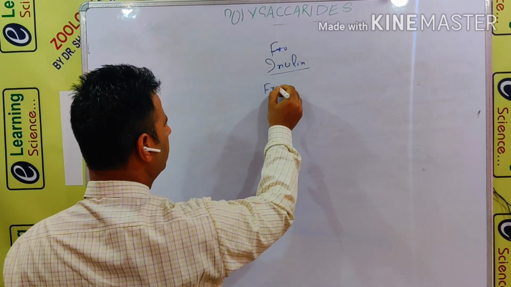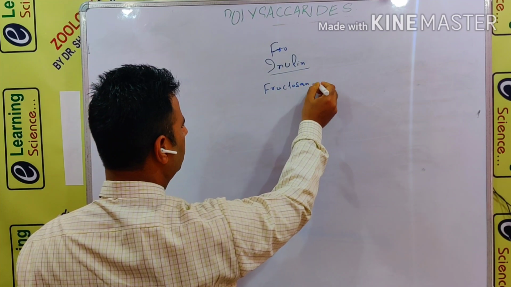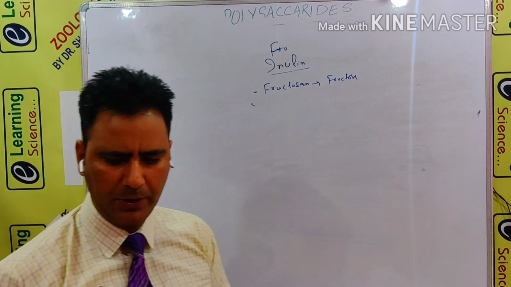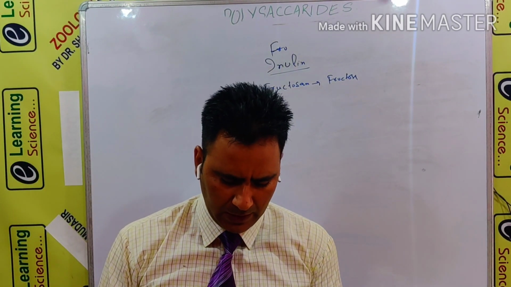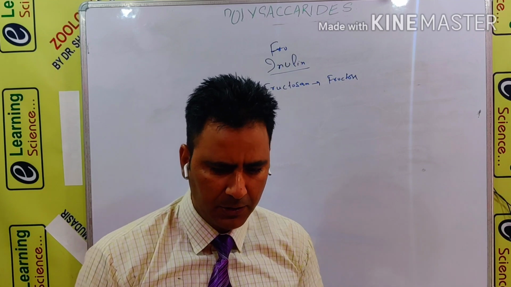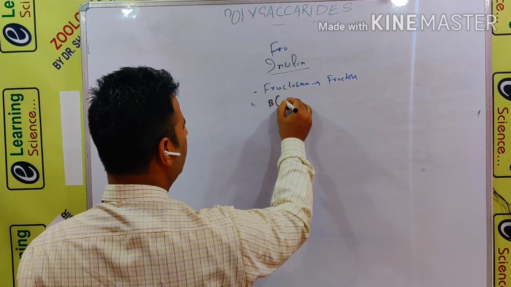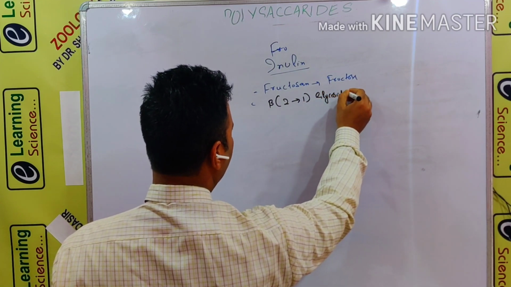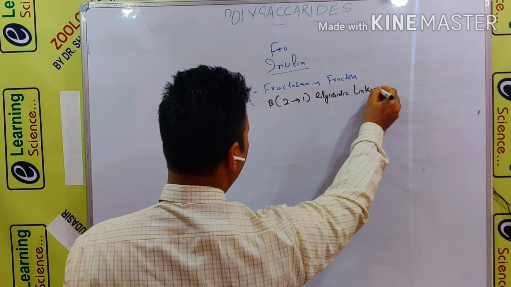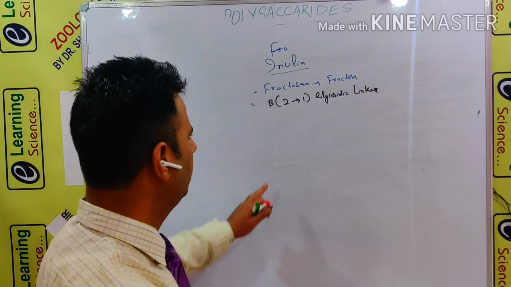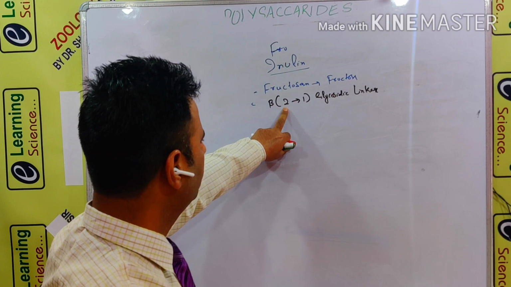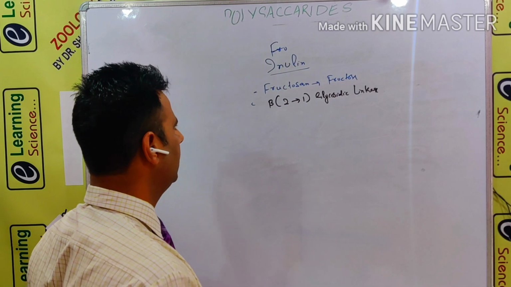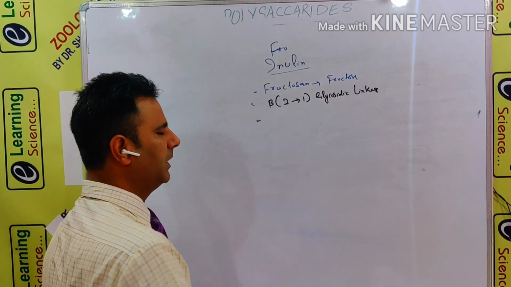The type of linkage is beta 2,1 glycosidic linkage. You can make it in the fructose. On one side we have beta, it means position number 2 and then 1. Beta 1,4 glycosidic in chitin, beta 2,1 glycosidic linkage is shown by the fructose in inulin.